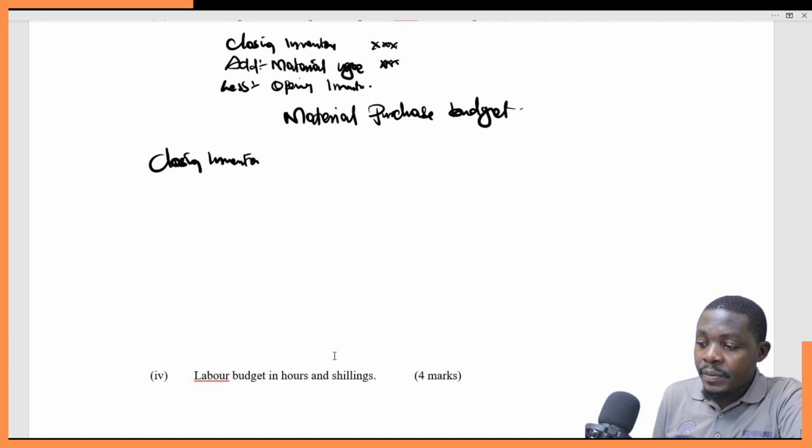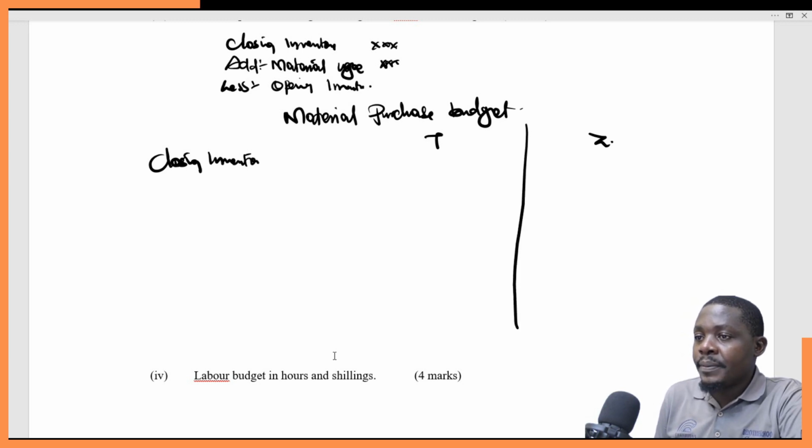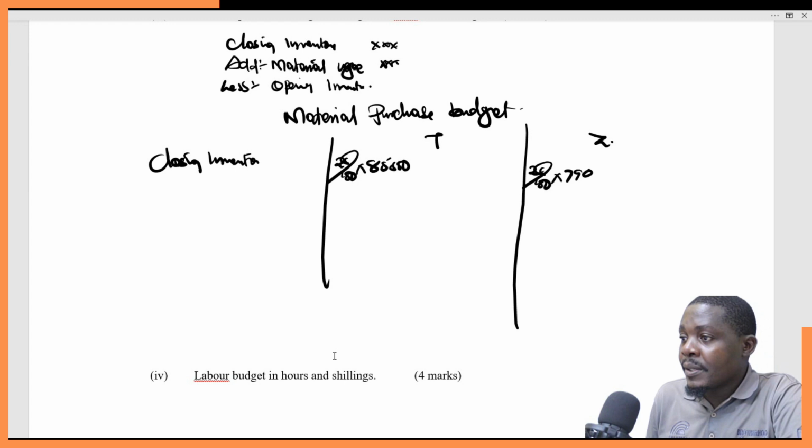In that case, we take 25% of 100, multiplied by 85,000. Then we have 25% of 100. We are multiplying by the one they used. That was 79,000.